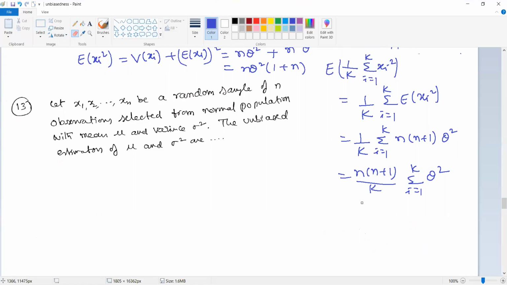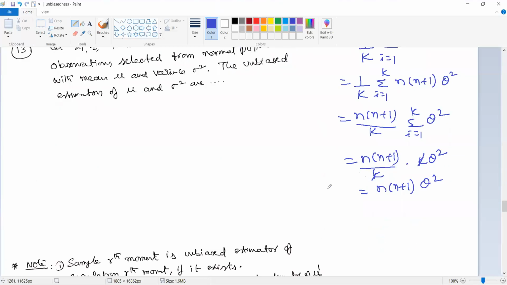Now n into n plus 1 by k, that is equal to k theta square. K cancels here; k samples are there. So n into n plus 1 into theta square is the expectation of 1 by k summation xi square.